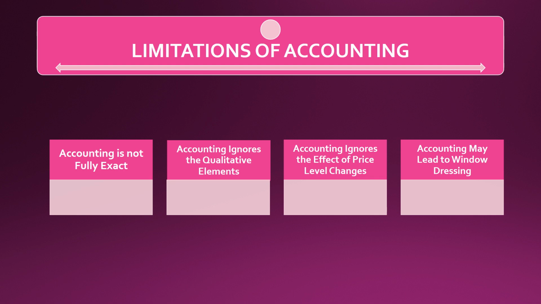And lastly, accounting may lead to window dressing. What is window dressing? Window dressing means the practice of manipulation of accounts to present a more favorable position of the business, to have a good position in the market.